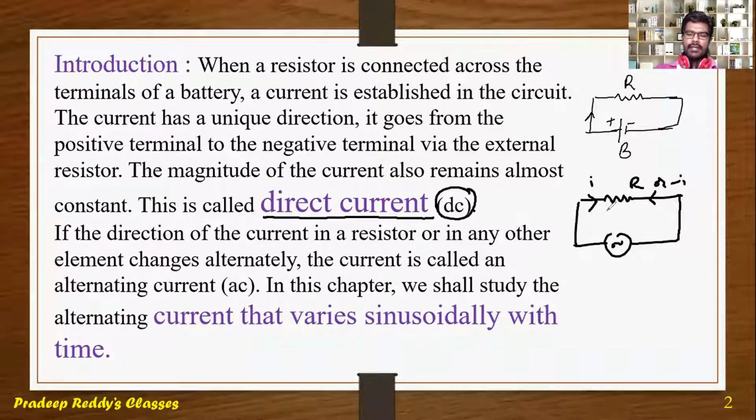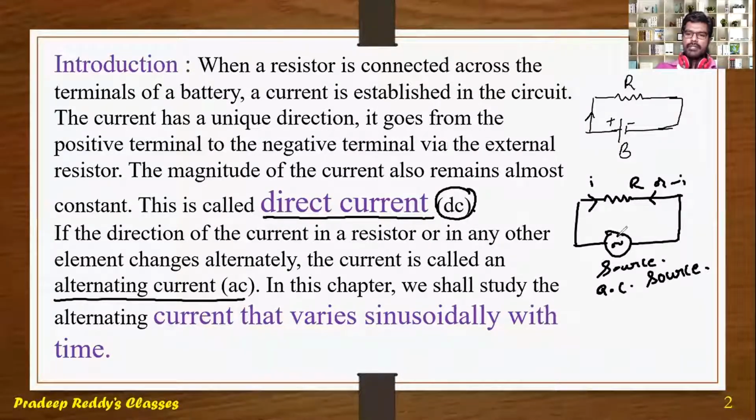The direction of current will be altered in this resistor. Then such type of current is said to be alternating current. The direction of current in this resistor is when connected with an external source, this is the source and this is the AC source.